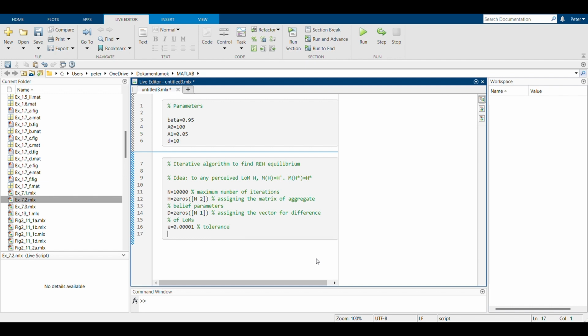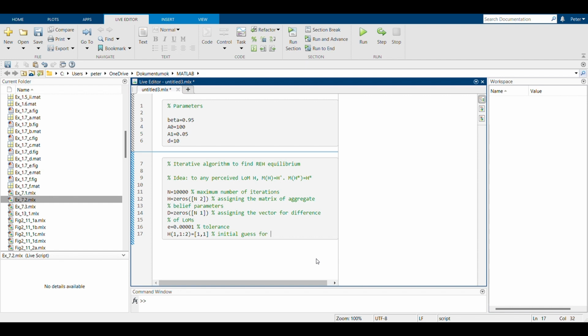Okay, and here we are giving the first row in this huge matrix. This is an initial guess. It can be any number. I've set it to 1 1.